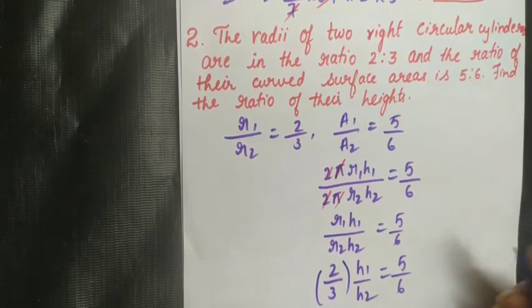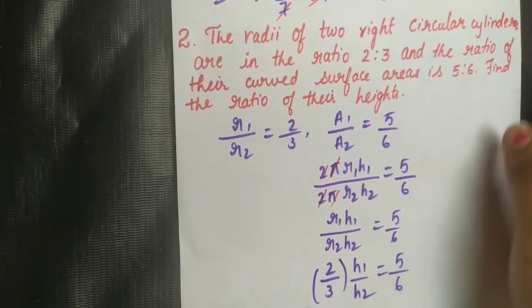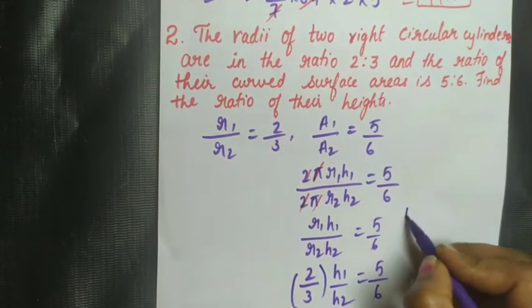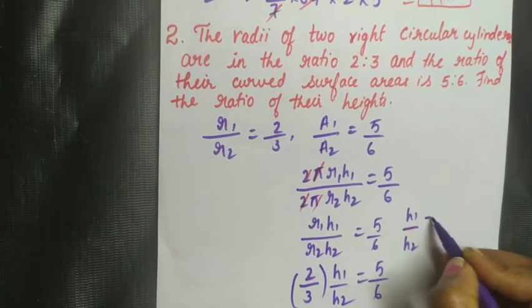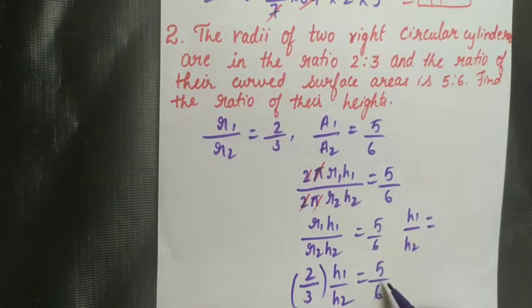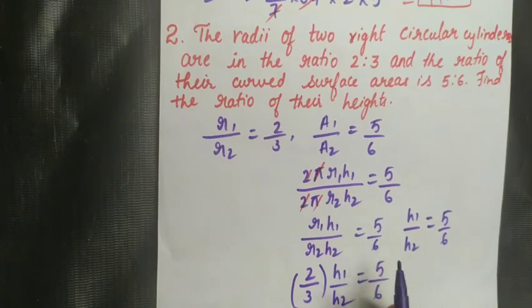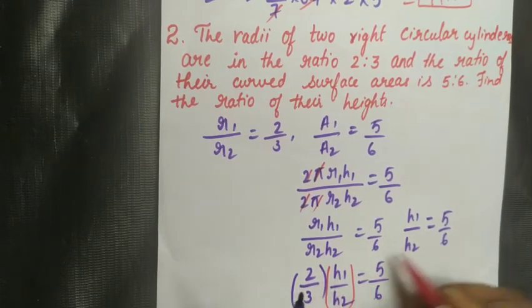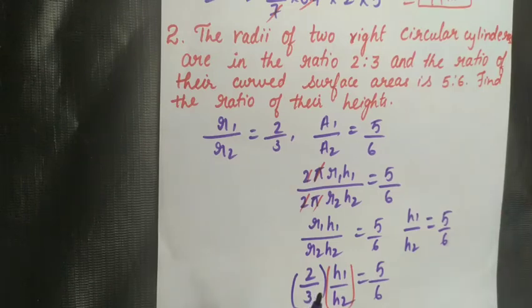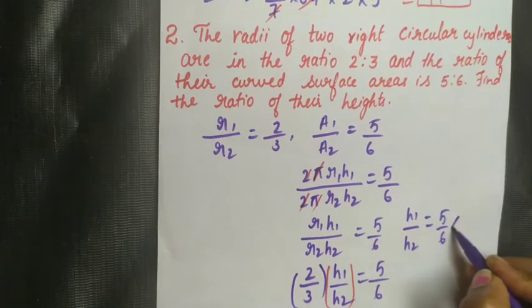So H1 by H2 is equal to 5/6 as it is, and what is along with H1 by H2 is 2/3. So 2/3 is multiplied here, so we have to take the reciprocal here.